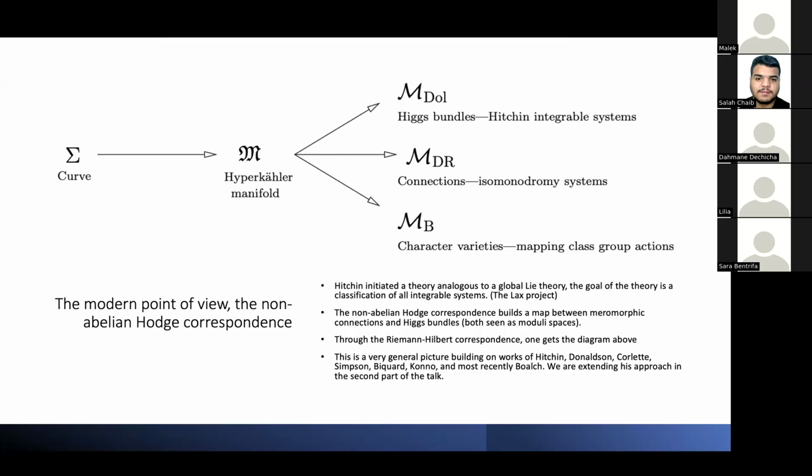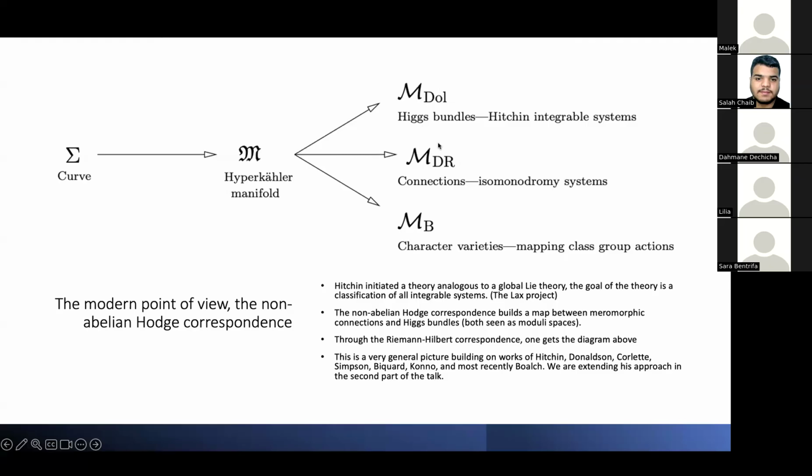Through the Hitchin equations, he defined Higgs bundles, meromorphic connections, and then through the Riemann-Hilbert correspondence, he was able to attach also the character varieties, or in the simple case, the fundamental group that I talked about before. So the first correspondence is between M-Dol, which is M-Dolbeault for Higgs bundles, and M-DR, so M-de Rham, for connections. This is the non-abelian Hodge correspondence.